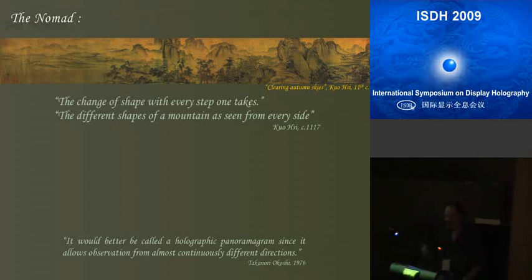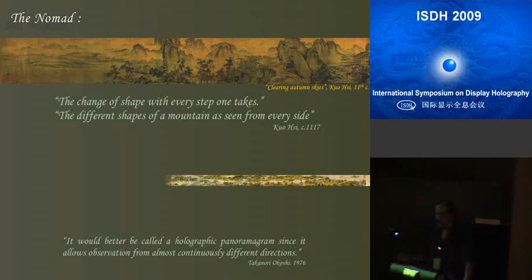So this to me was very close to what Okoshi was talking about and what I was just beginning to understand in computer-generated holograms. Try to find that kind of representation in Occidental art and you will have a lot of difficulties.